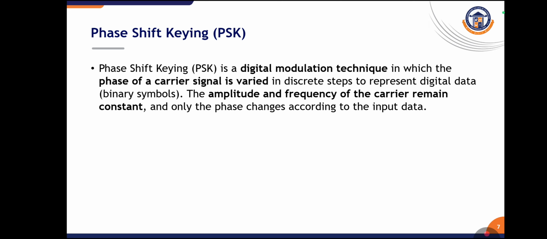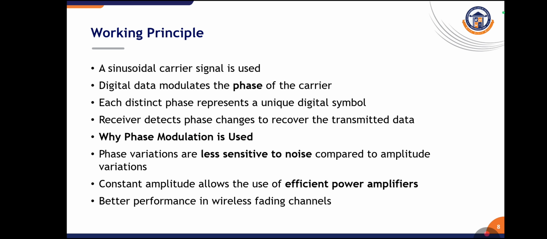The amplitude and frequency of the carrier remain constant and only the phase changes according to the input data. Next, the working principle of PSK. A sinusoidal carrier signal is used and digital data modulates the phase of the carrier. Each distinct phase represents a unique digital symbol.